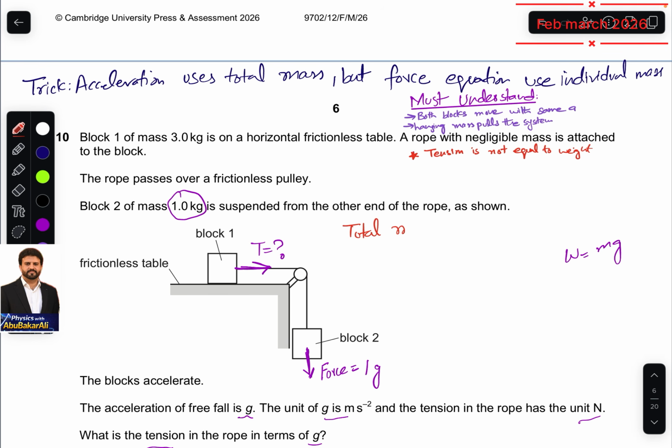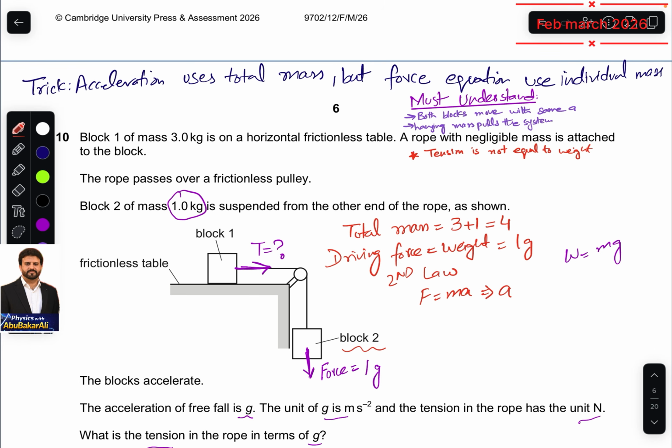What we have is the total mass: 3 and 1, that is 4. This is the total mass. The driving force is the weight of block 2, so it is equal to 1g. I have to find the acceleration. From the second law, we know F is equal to ma, so a is equal to F over m.